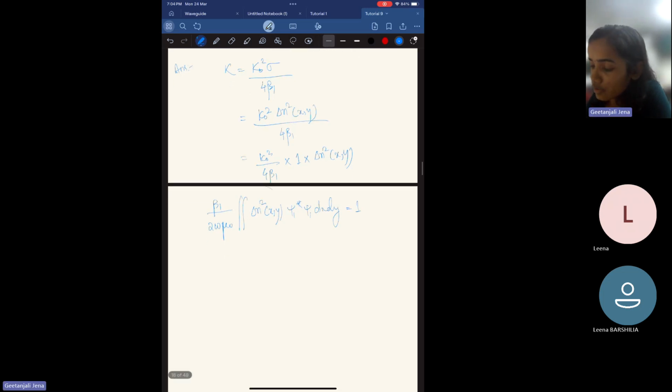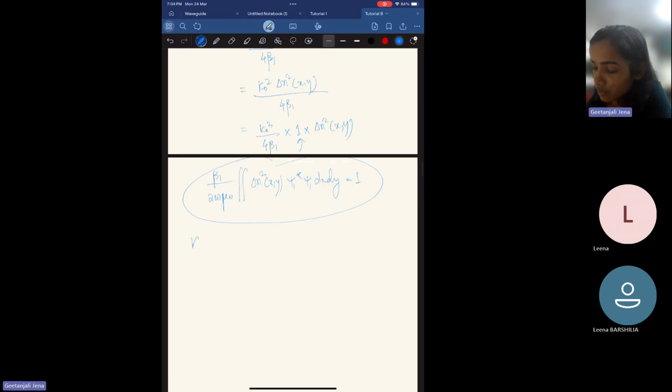So we can use this term inside. Kappa will be K0 squared over 4 beta 1 times beta 1 by 2 omega mu 0 times the double integration of delta n squared xy psi 1 star psi dx dy. So beta 1 will cancel.